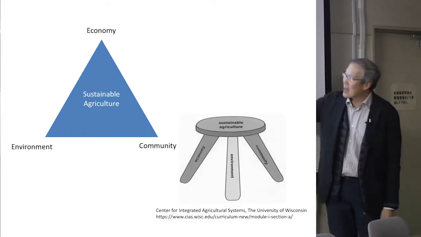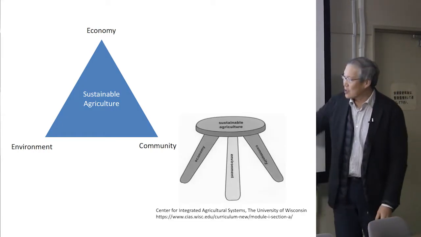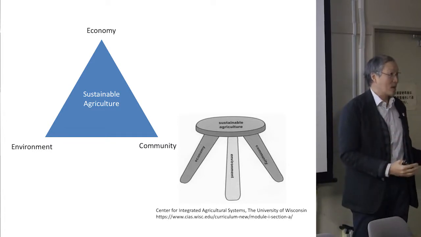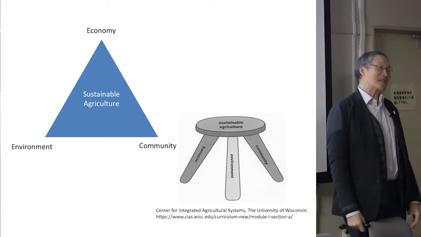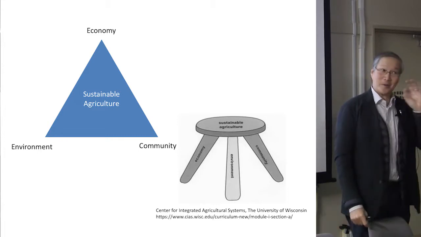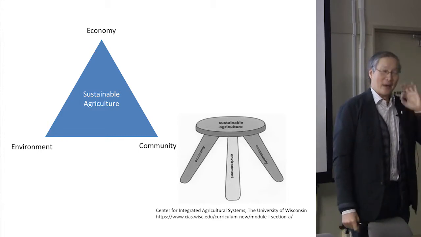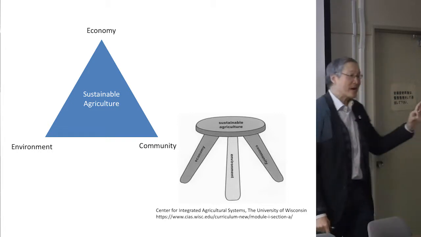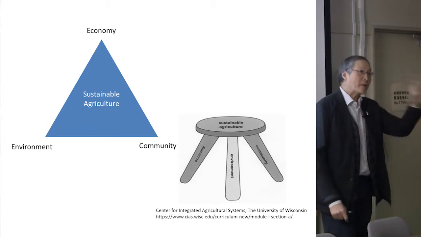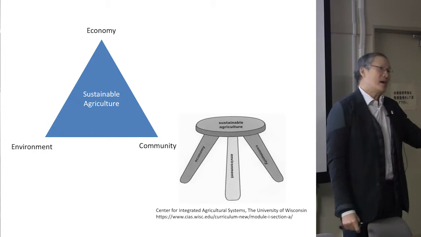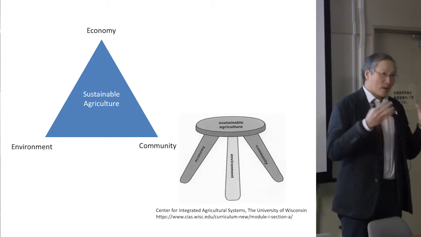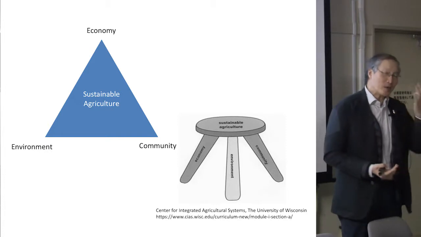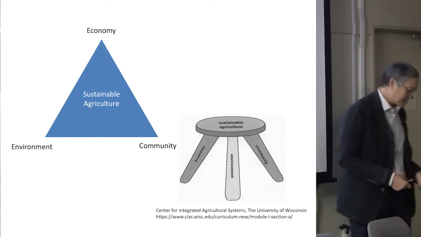So there have to be three parts. When you lack one part, then that is not sustainability anymore. Okay, so remember three parts. Whether in agriculture, in family, on campus, or in any part of human endeavor, when you talk about sustainability, you need to consider three parts.